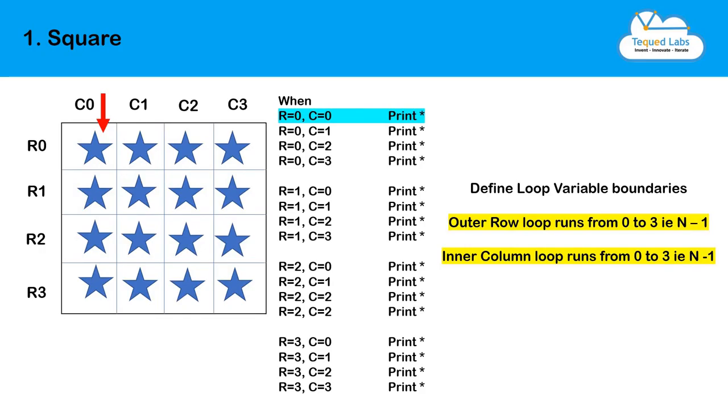So when R is equal to 0 and C is equal to 0, a star is being printed here. R is equal to 0, C is equal to 1, print another star. R is equal to 0, C is equal to 2, print another star, and so on.